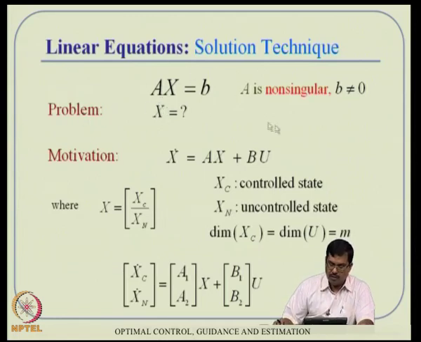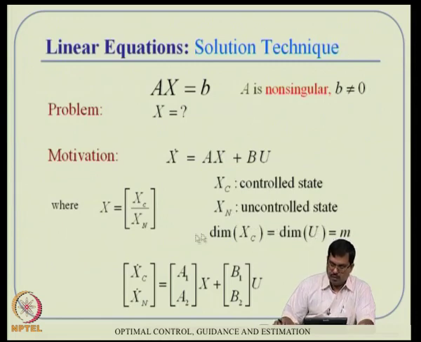One of the motivations is this. Suppose we have a typical equation x dot equal to Ax plus Bu, and let us say we divide this x into control state and uncontrolled state, where x c is the control state and x n is the uncontrolled state, and we divide it in such a way that the dimension of x c is equal to the dimension of u.